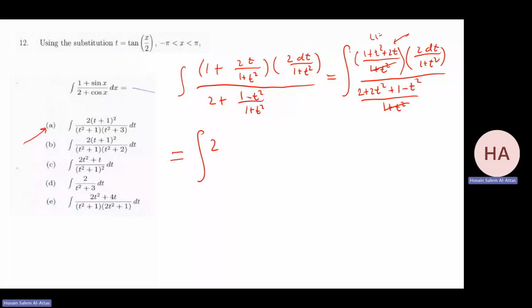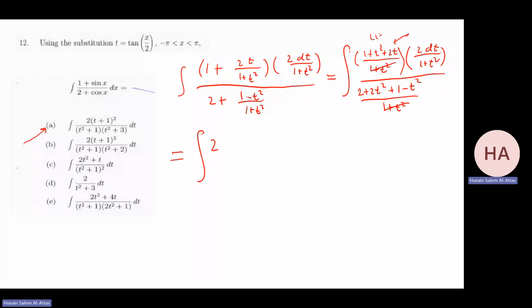Now I need to work it out with t. 1 plus 2t over 1 plus t squared minus 1 minus t squared over 1 plus t squared. That will be 2 dt over 1 plus t squared. Here I have over 1 plus t squared. What is this? 1 plus t squared plus 2t minus 1 plus t squared.